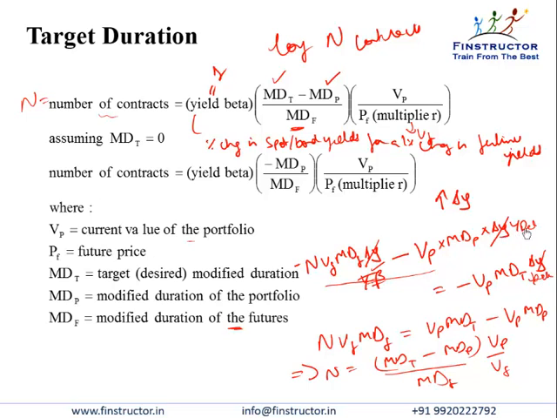Either you multiply the portfolio by the yield beta, or you divide the futures by the yield beta. Both will give you the same answer, that the number of contracts needed would be the yield beta into the target modified duration minus the modified duration of the portfolio upon the modified duration of the futures into the value of the portfolio divided by the value of the futures.